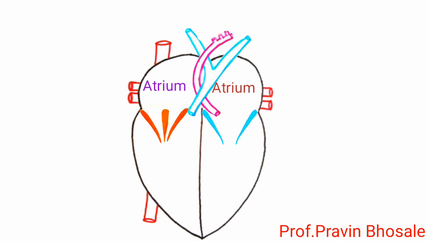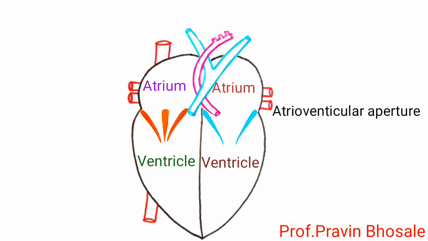Each atrium opens into the ventricle of its side by an atrioventricular aperture, guarded by a valve made up of connective tissue.